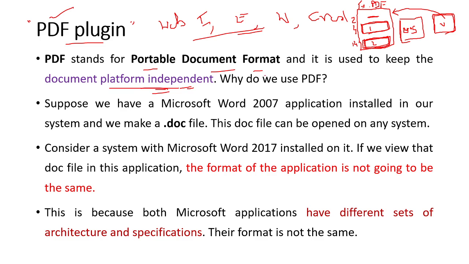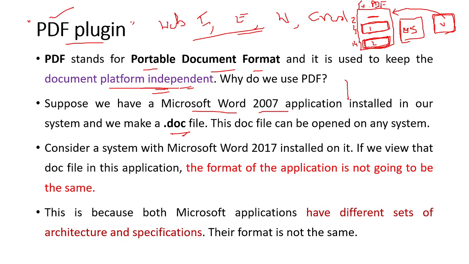But this facility will not be given by the Office suite, particularly Microsoft Word. Let us assume the same content has been created using Microsoft Word 2007 version, and you know that version creates a file with the extension .doc. Let us take the same example.